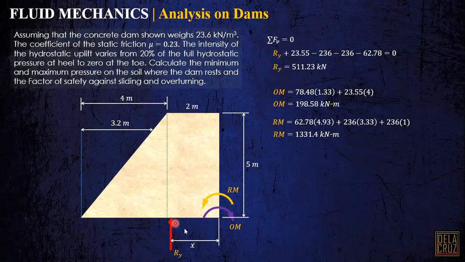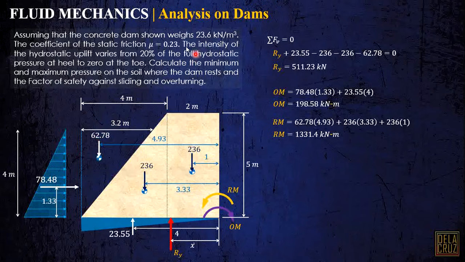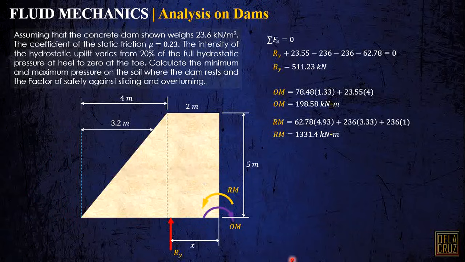Here it is. So to calculate this X, we will just take moment about this point. So we will just use these moments since these were created by these forces earlier. This is their resultant moment. So, summation of moment about this point. As you can see, that will be clockwise moment Ry times bar X plus the overturning moment minus the righting moment.